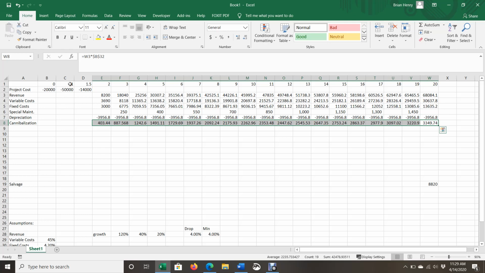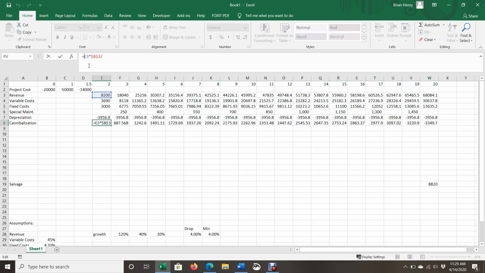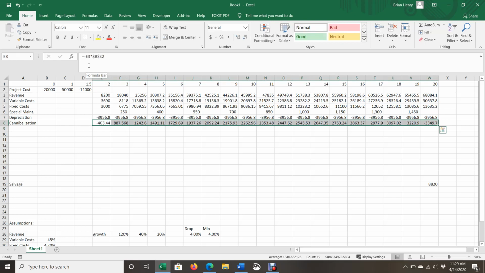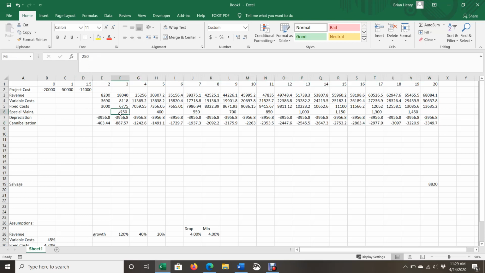You know, I really should, since I put in depreciation negative, I probably should put all these others in negative too, so that all our costs are negative. I go back and forth. I don't mind them being all, as long as they're all positive or all negative. It doesn't bother me any.